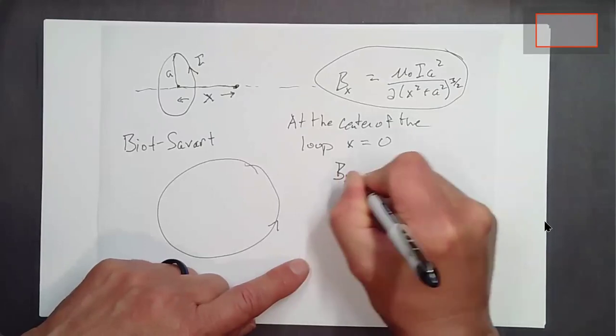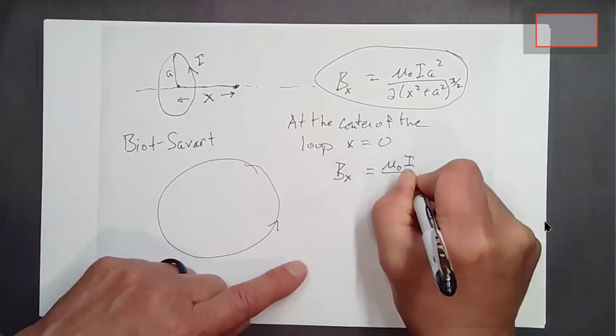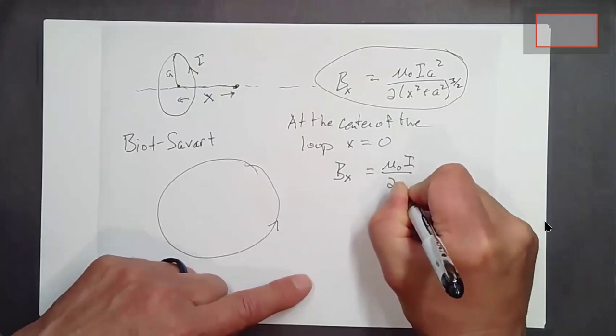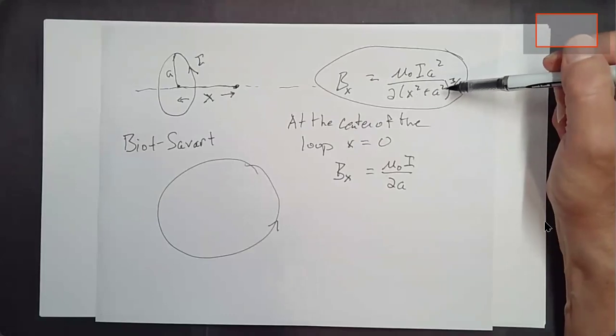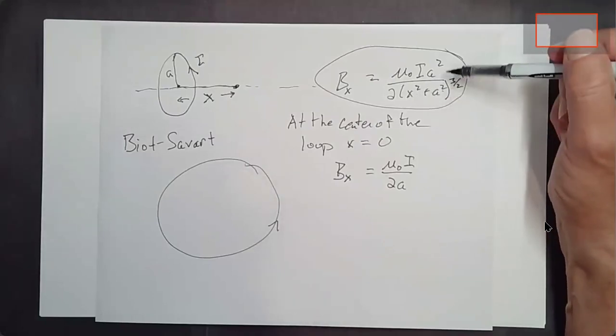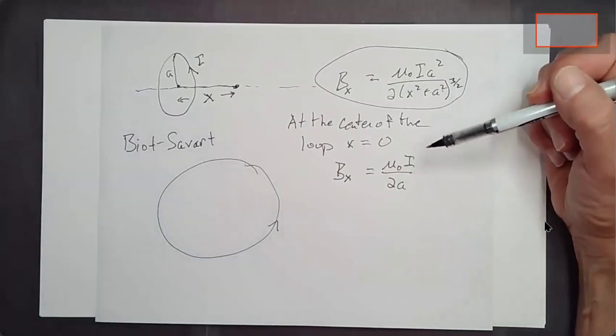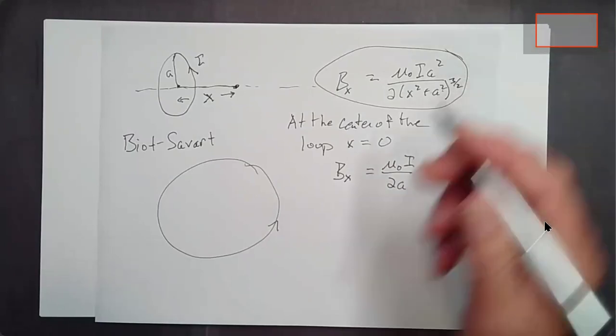You'd end up with Bx equals mu naught I over 2a, although check that to be sure. That's a cubed on the bottom and a squared on top. Yeah, should be that. So anyway, that's the way it works.